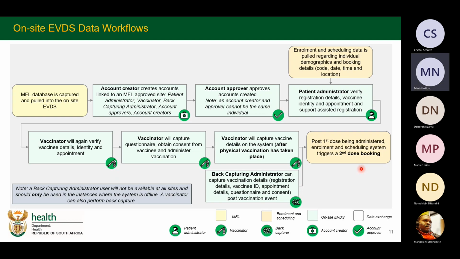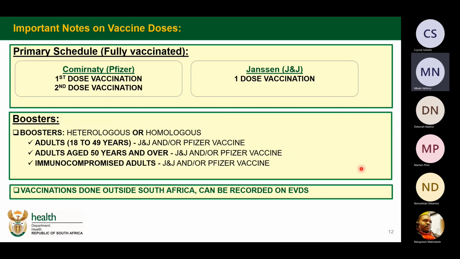Now that will be the on-site EVDS data workflows. Some important notes on vaccine doses. The vaccination doses that we receive can be put into 2 groups, right?